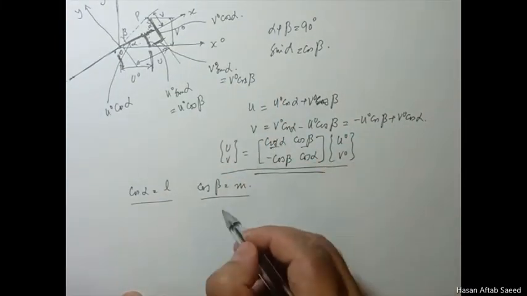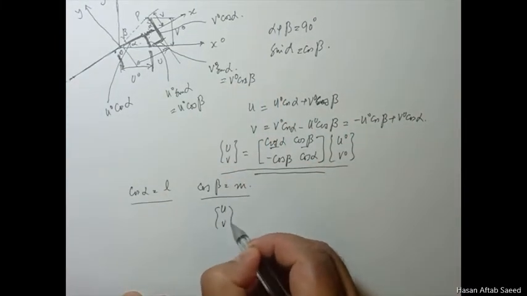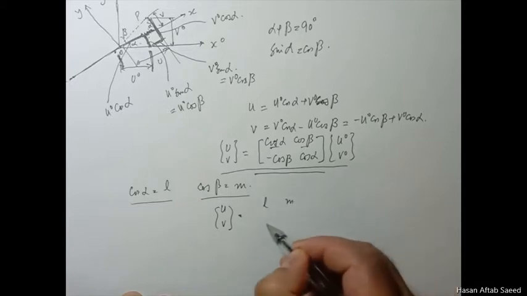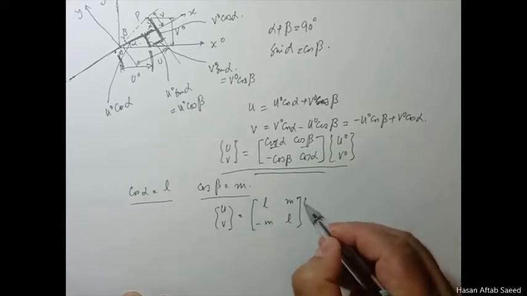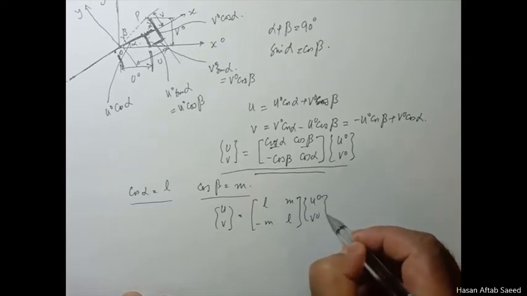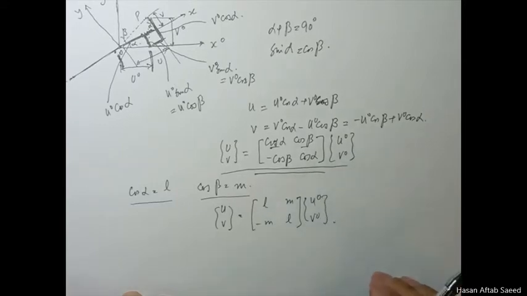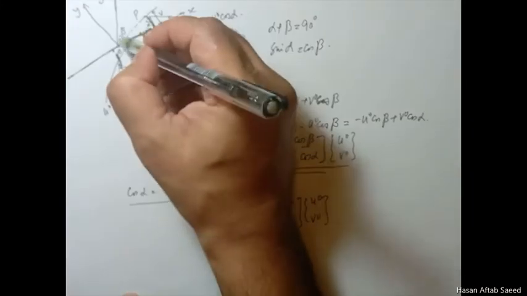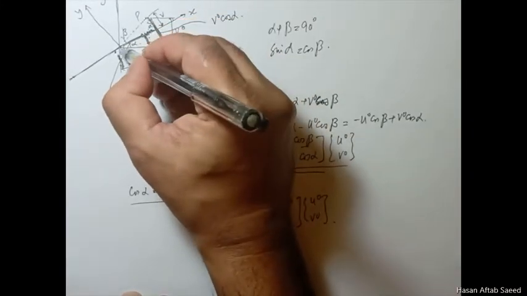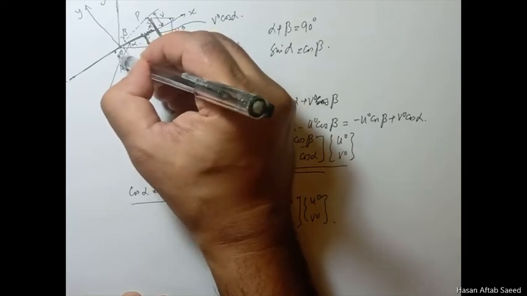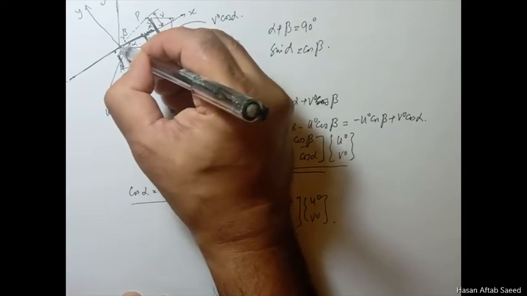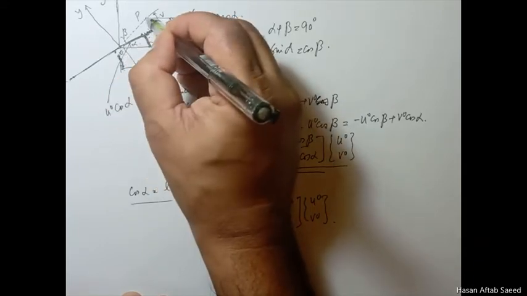So putting these values back, Lm minus ml. Now this is just for any vector OP. In this case it was the displacement of the J node from the origin to some new place.